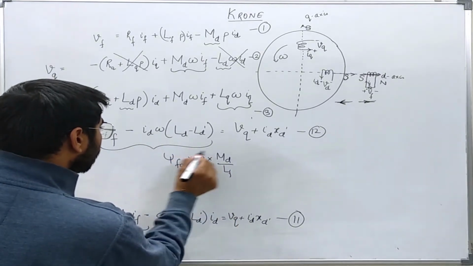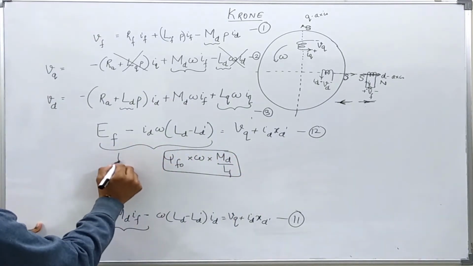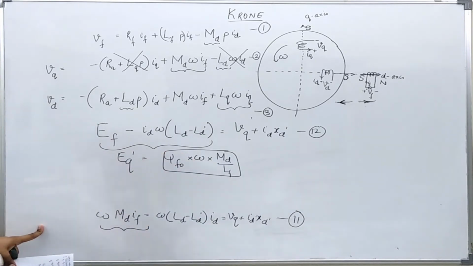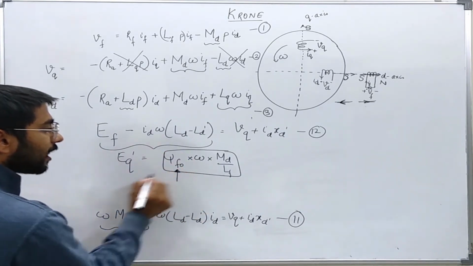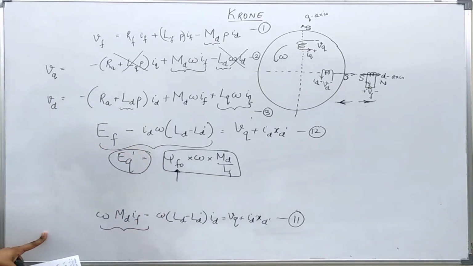If I write all this as, let us say, some quantity EQ prime or EQ dash, then if the flux linkages of the field winding are constant, this quantity is a constant.